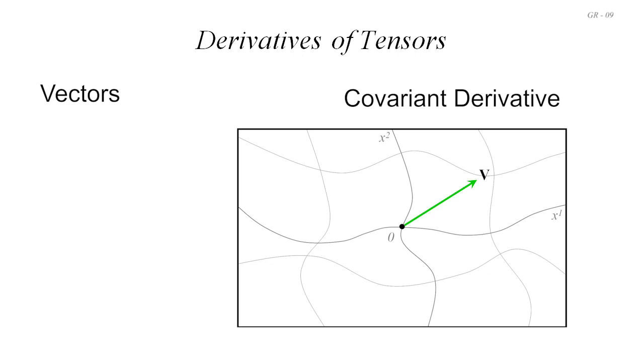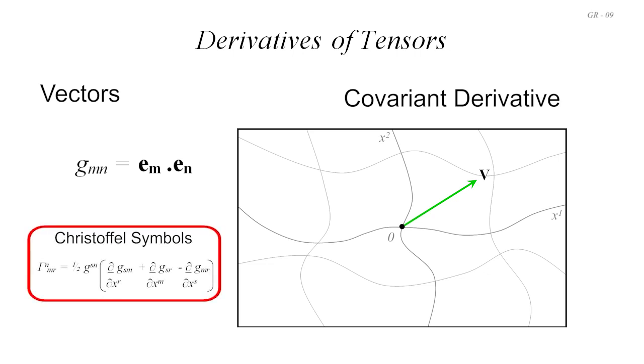The solution was to bring the metric tensor into play. The metric tensor, if you recall, explains how the basis vectors change over the space, and this was brought into the equation for the derivative as a compensating factor and involved what are called Christoffel symbols. That was the essence of the covariant derivative.